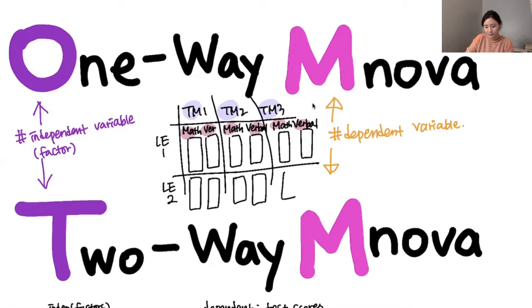In this case, we have 2 independent variables, which are 2 factors, with 3 levels for teaching method and 2 levels for learning environment. And we still have more than one dependent variable, math score and verbal score. We call this design two-way MANOVA.